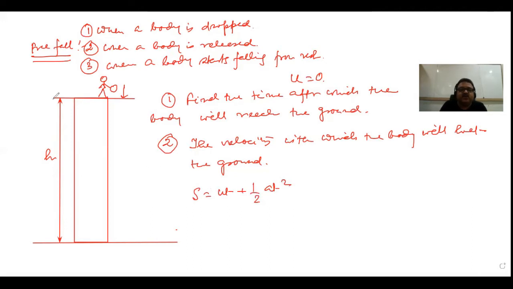The body is going below the level of throw, so I consider s as minus h. Since the body is dropped, the initial velocity is 0. And as I told you many times, the acceleration in motion under gravity is always minus g, and this is t square.